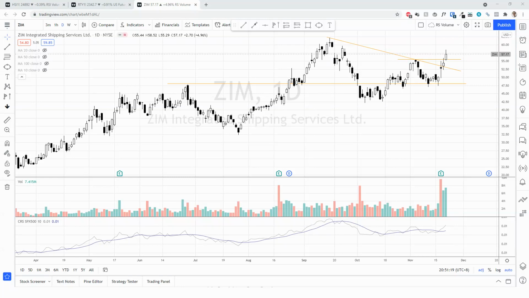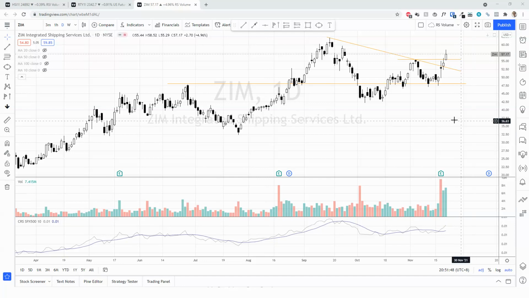So I think there could be a chance for ZIM to at least test the swing high level somewhere around 60, 62, and we need to see whether it will have a reaction, maybe form some kind of handle before another breakout. That could still be a trading opportunity, with a stop just below the second bar, or even below the third bar for a conservative stop.